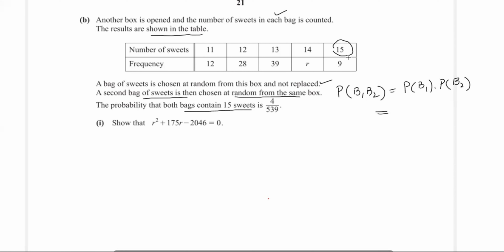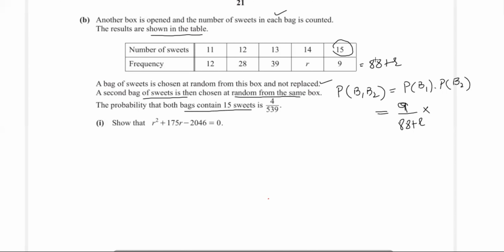Now the probability of bag 1 having 15 sweets: here are 9 bags out of the total bags. You see here 12 plus 28 plus 39 plus R plus 9 will be equal to 88 plus R. We add all these values, 88 plus R. Therefore, 9 bags are having 15 sweets out of 88 plus R bags.